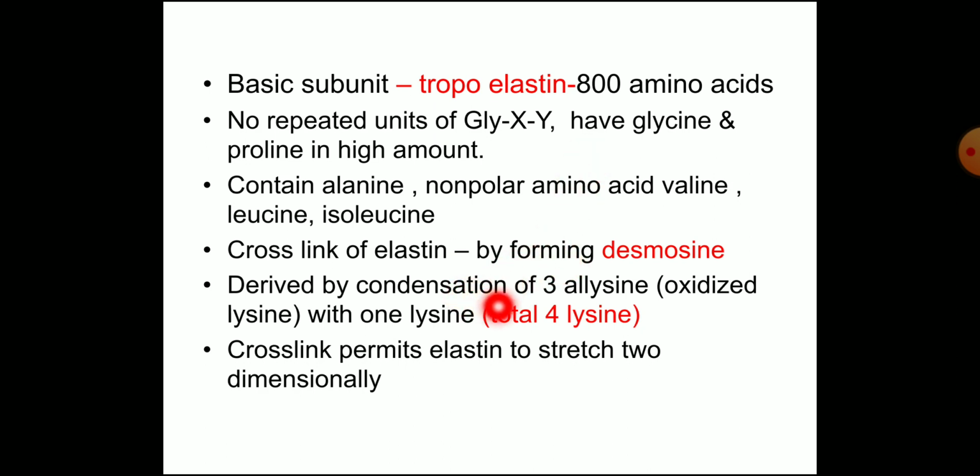It is derived by condensation of 3 allysine, that is oxidized lysine, with 1 normal lysine. So when 4 lysines are present, there will be formation of desmosine, which helps in the cross-linking of the tropoelastin. The cross-linking permits elastin to stretch in two-dimensional directions.